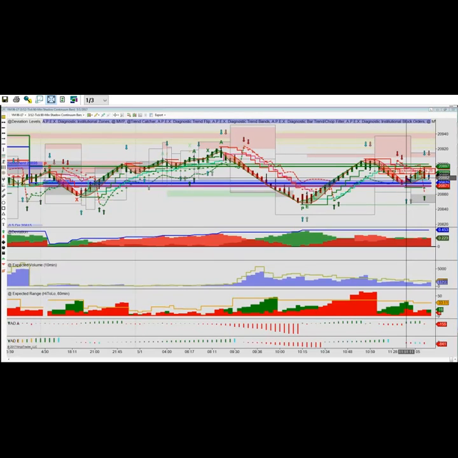Where's your stop going to be? Yeah, right there, just below that low. It happens to also be ice, right? Do you think a lot of traders would put their stop below that low, right there, that pullback price?